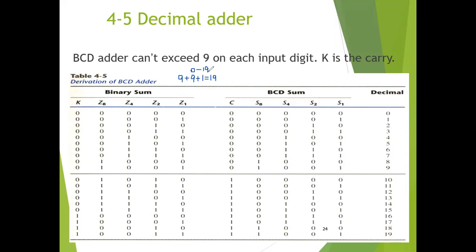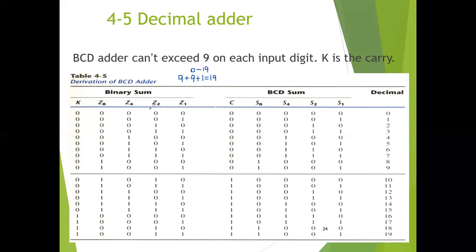These binary numbers, as we can see, are listed in this table. They are labeled by the symbols K, Z8, Z4, Z2, Z1. K is the carry, and the subscripts under Z, which are 8, 4, 2, 1, are the weights that can be assigned to the 4 bits in the BCD code.